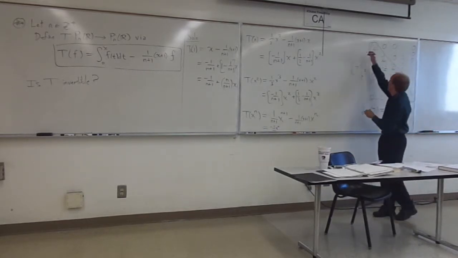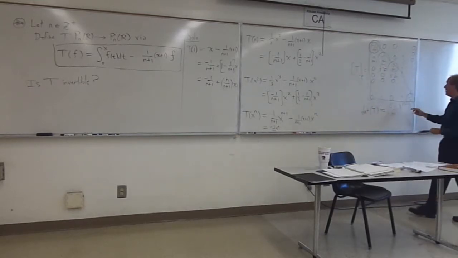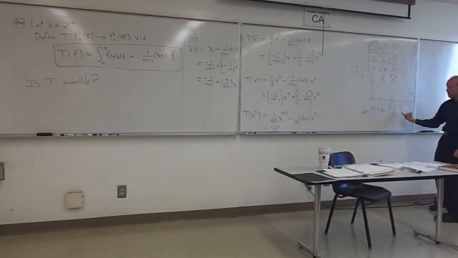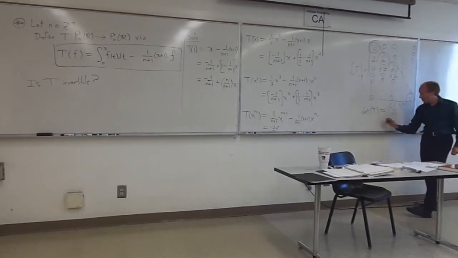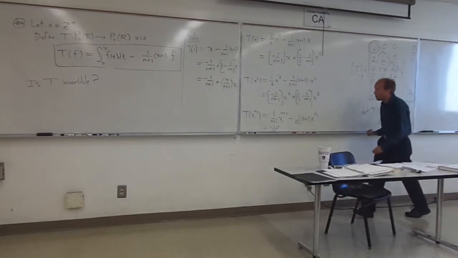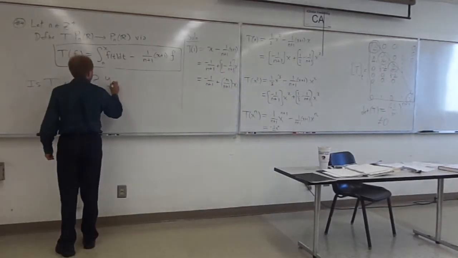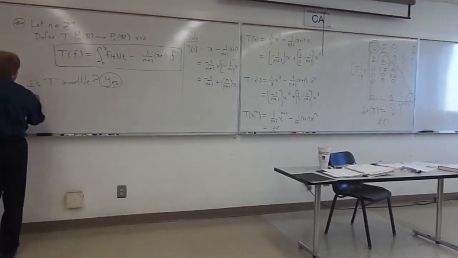Well, this is a triangular matrix, and there are my diagonal numbers all the way down. It's just negative 1 over n plus 1 a whole bunch of times. Is this equal to 0? Nope, this part's not 0, and this is a power of that, so this is not 0. So what's the answer to my question over here? Yes, it is invertible. Looks good to me.